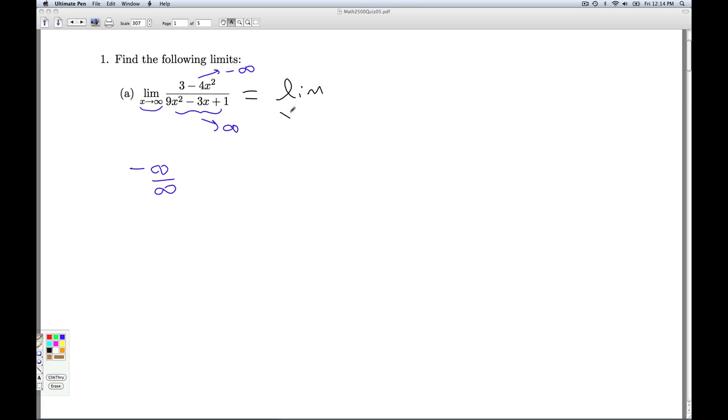So what do we do? The rule of thumb is we factor out the highest power of x from both the numerator and the denominator. When I factor out an x squared from these terms, it's the same as dividing each term by x squared. And I'll do the same thing in the denominator, and here the highest power of x in the denominator is also x squared.